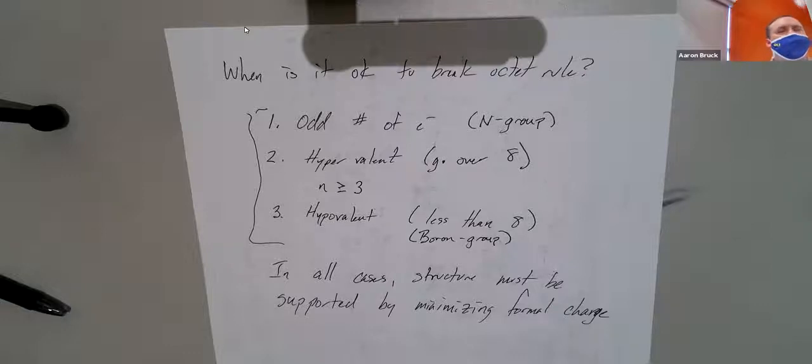Classic example of this is BF3 for hypovalency. Boron trifluoride, BF3, to do the octet rule would require a double bond somewhere. I would need to have a double bond between boron and fluorine to do so. Problem is, from a formal charge standpoint, that would give the boron a -1 charge and the fluorine a +1 charge. We just went through why fluorine doesn't do positive.